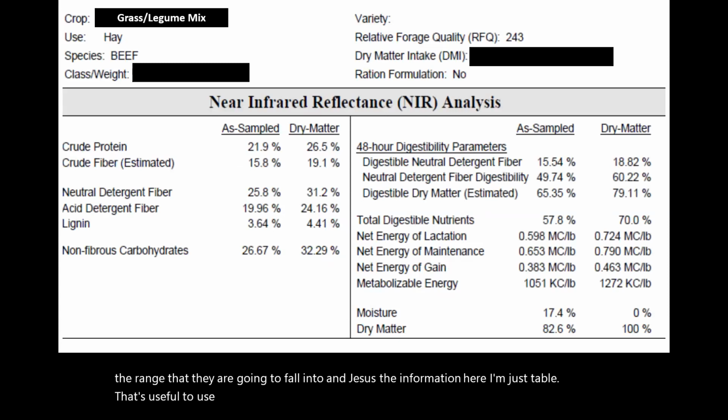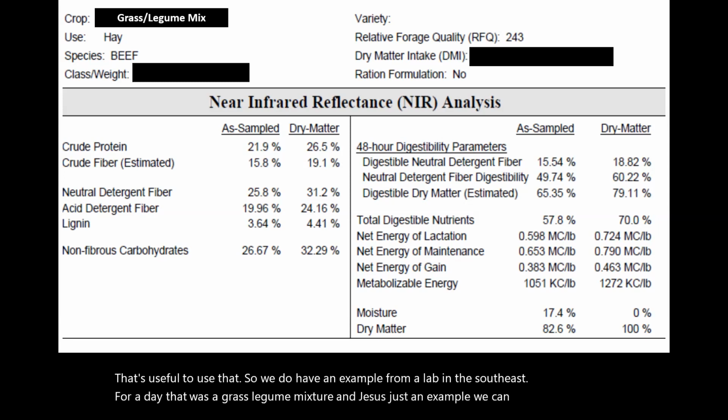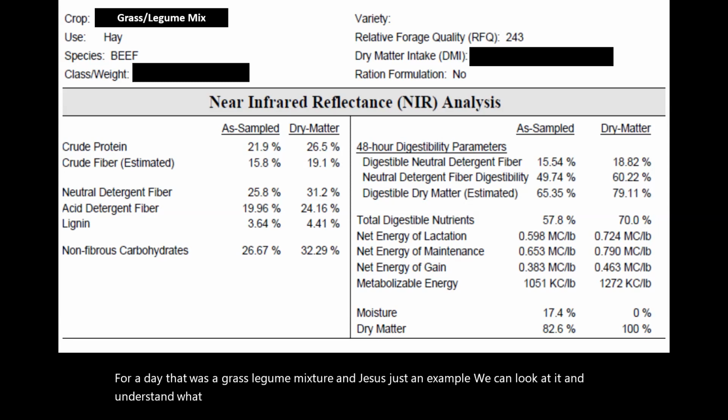So we do have an example from a lab in the Southeast for a hay that was a grass-legume mixture. This is just an example where you can look at it and understand what it shows us in terms of the crude protein values and everything else that we just talked about.